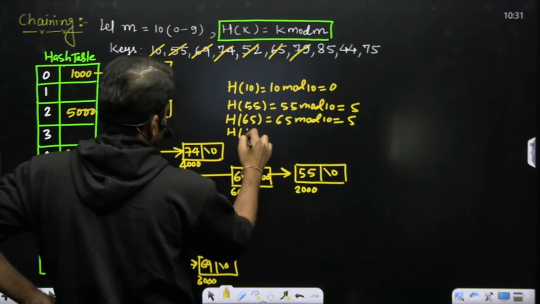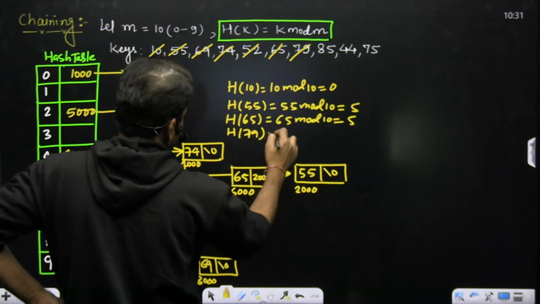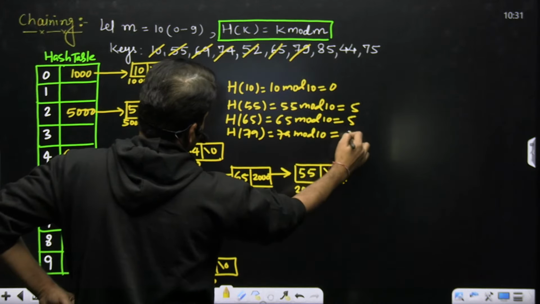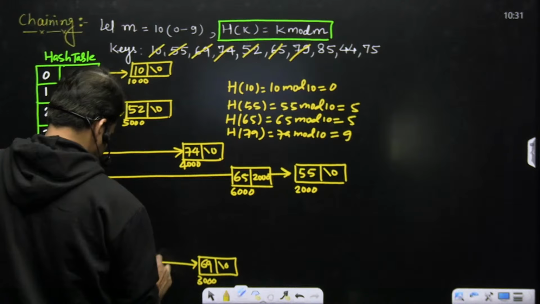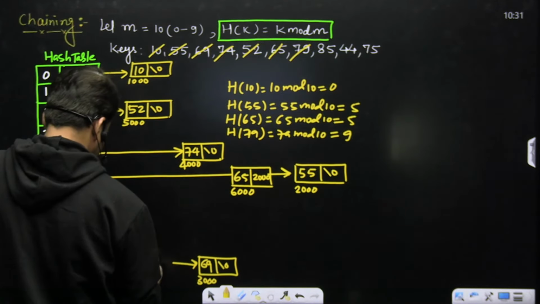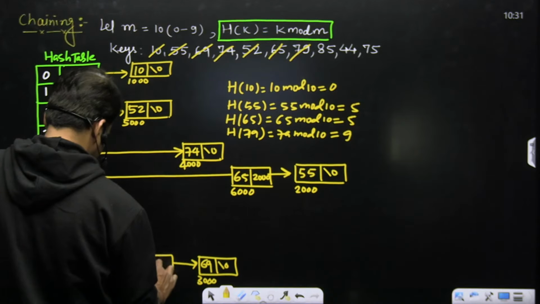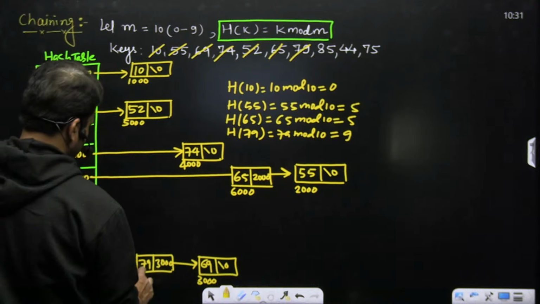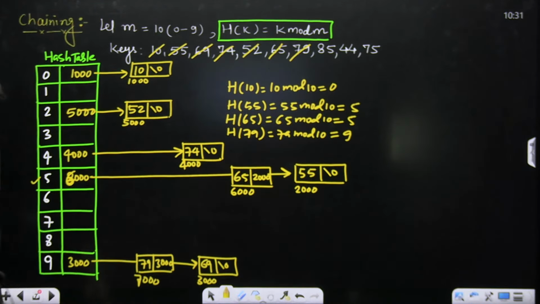H of 79 equals 79 mod 10, so this is 9. Okay. How far have we gone? 6000, 7000. So how much will be stored here? 7000.